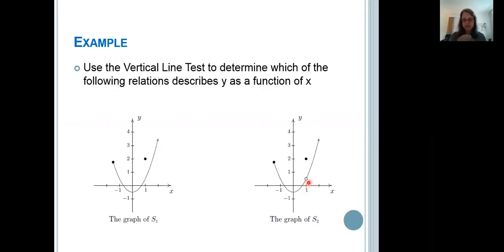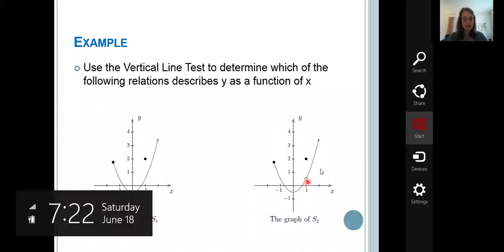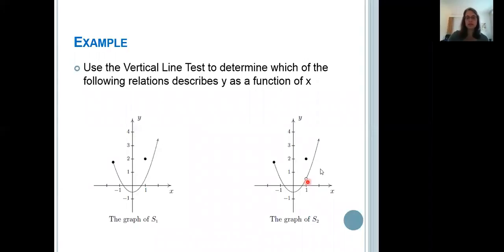So this graph, S2, represents a function because this guy's a hole, so we don't actually hit a point on this line at x equals 1. We do hit a point up here. So S1, not a function. S2 is a function. If you're confused by this, ask when we get together.